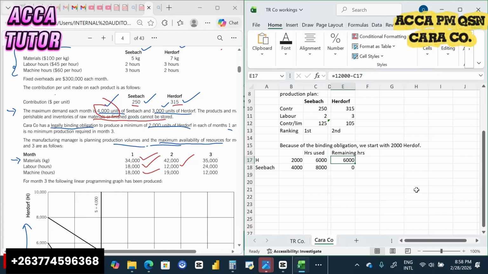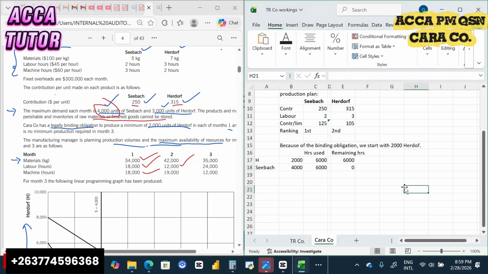So we are forced to then start from the hours remaining, going backwards. Why? Because we have seen that all the C batches to be produced are going to exhaust all the hours remaining. So automatically, we are going to say hours used are 6,000.